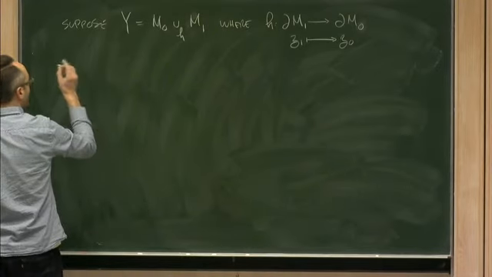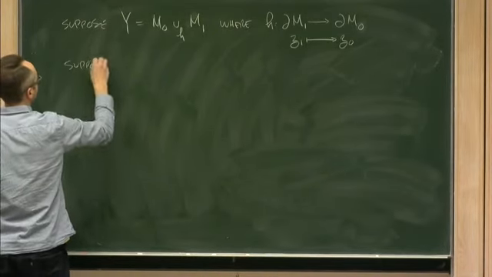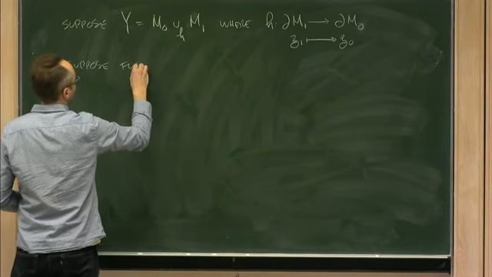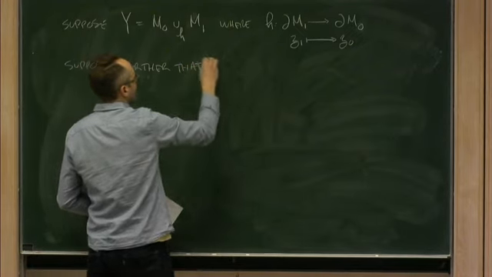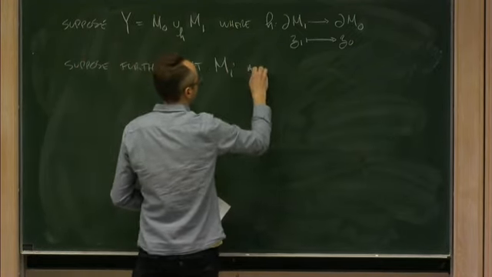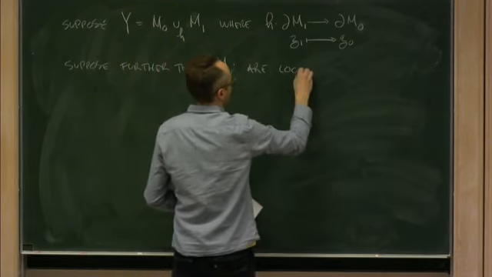And then for the moment, let's suppose further that the Mi are loop type.